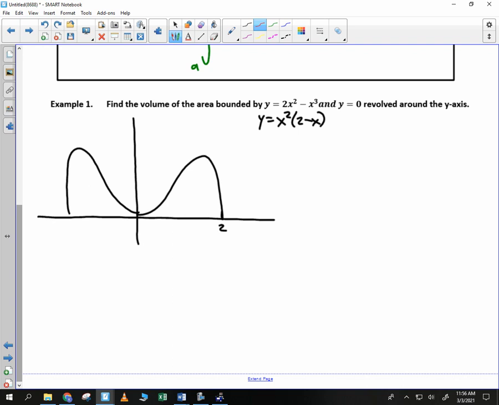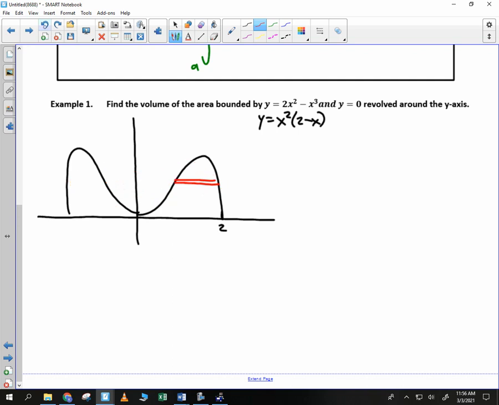I can't do this. Why? I can't do a washer. Why? Because the inside and the outside are the same. See that? So I have to use a different option.